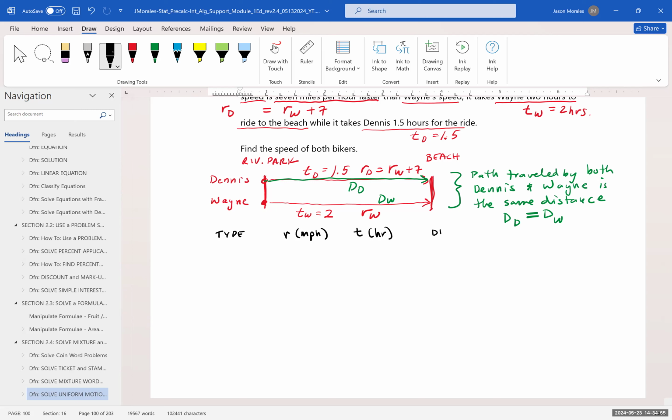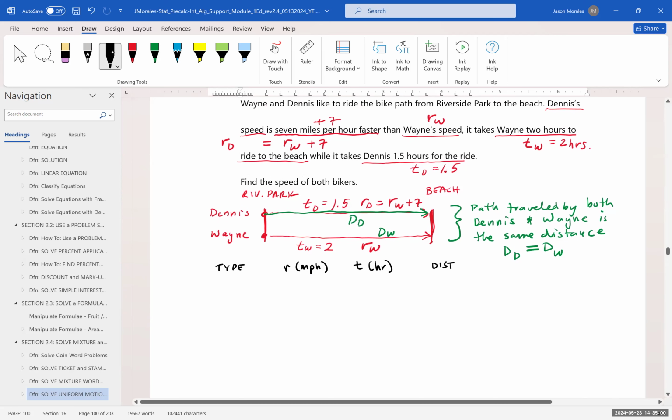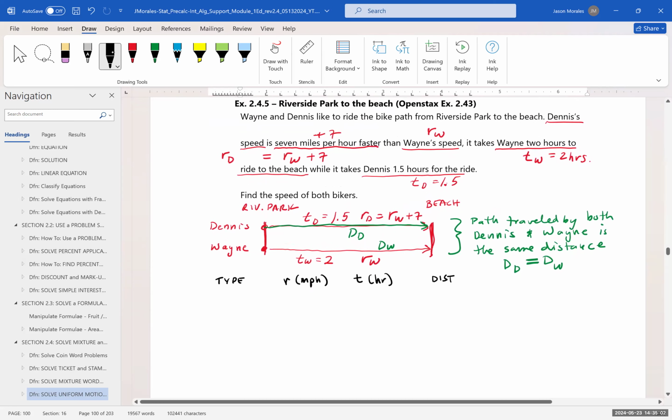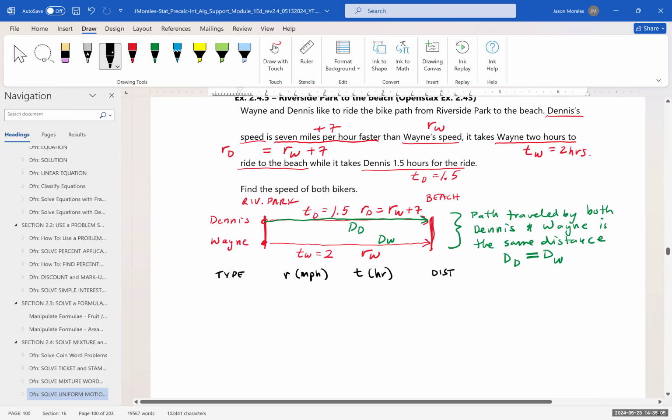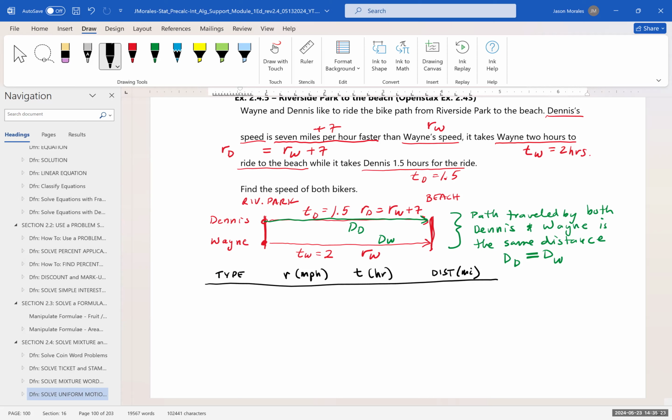And then we have distance, which is going to be in miles. And the type is we've got Dennis, we've got Wayne.